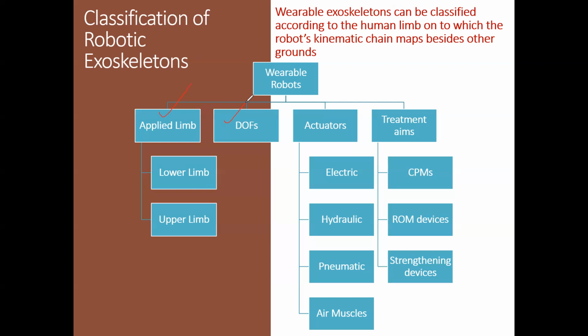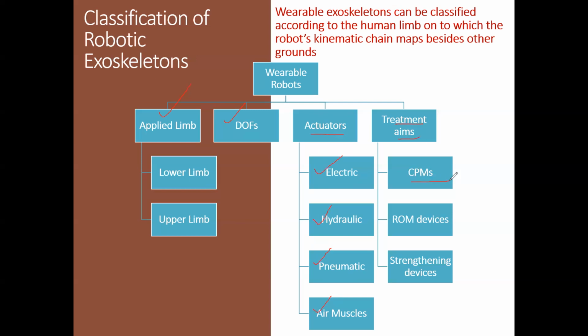A robot is also classified based on how many degrees of freedom it is able to provide. In terms of actuators, certain robots use electric motors, others use hydraulic piston cylinder arrangements, pneumatic actuators, or air muscles. The treatment aims also differentiate rehabilitation robots.